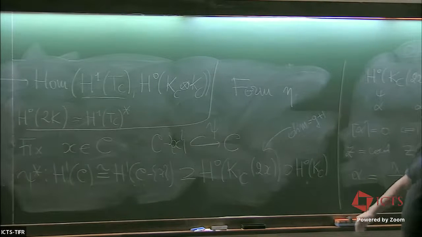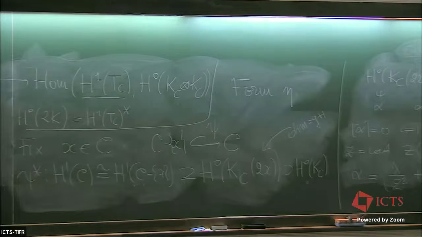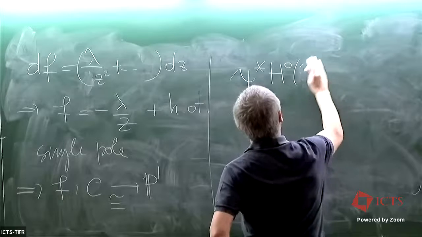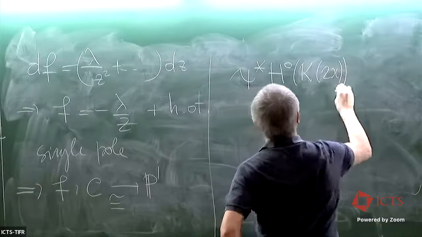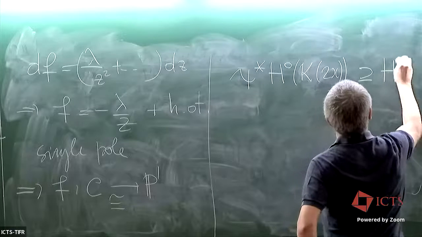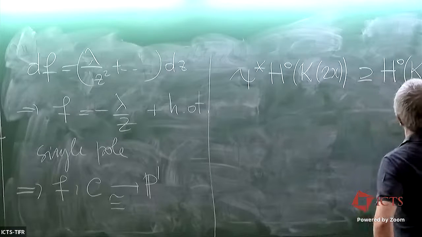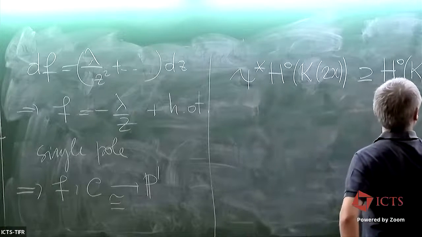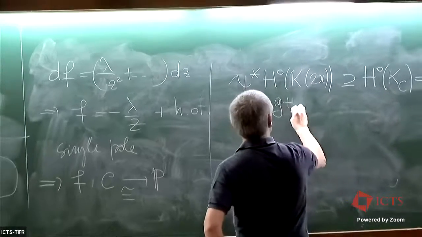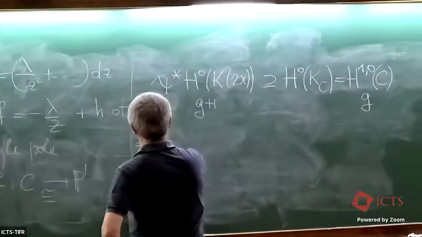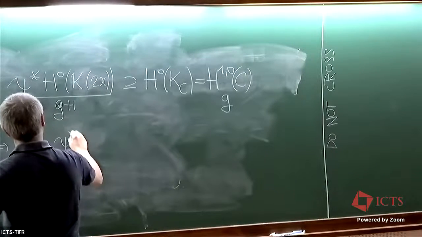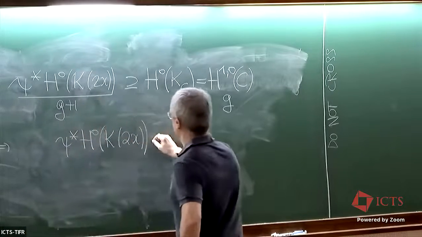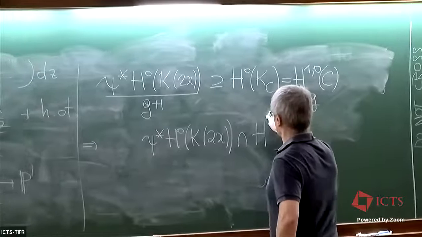So psi star of H naught of K contains this here, but this is of dimension g, and this is of dimension g plus 1, which means that there is a line in the intersection between this and the other one.